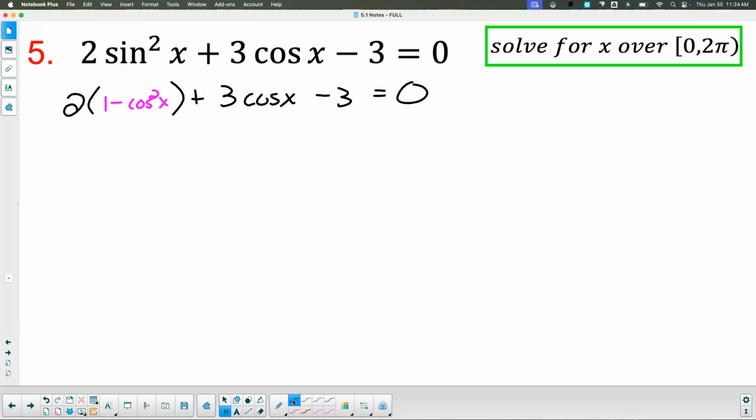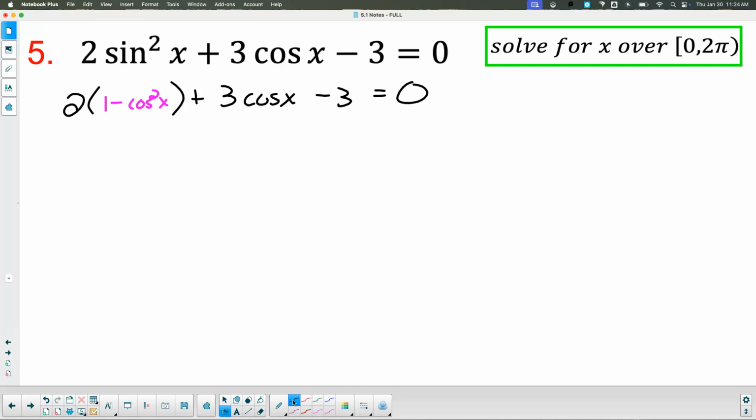Now what have I done? We made it into one trig function. Okay? Got it? It's number 7 on the front side of your green sheet. Okay? With me?